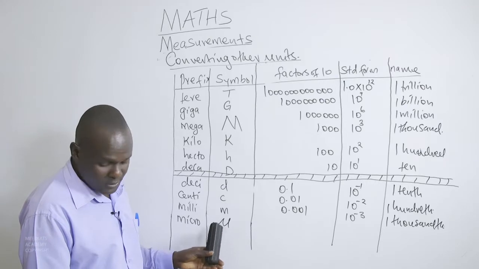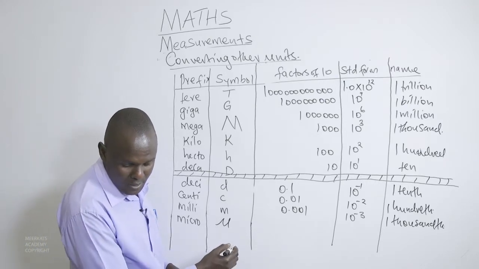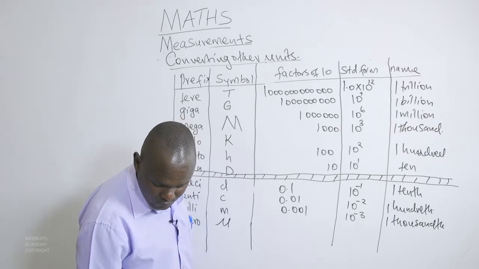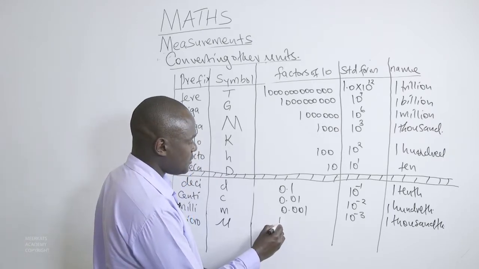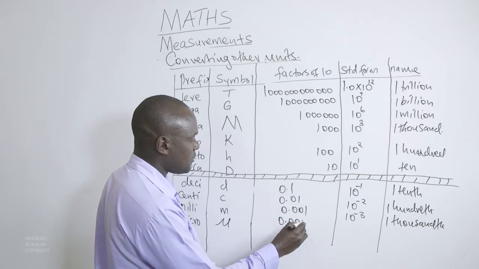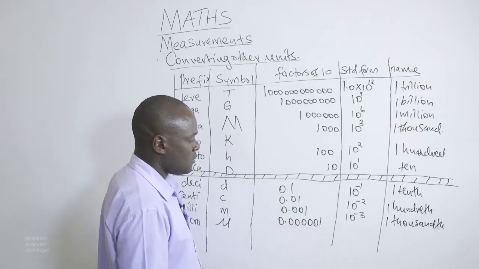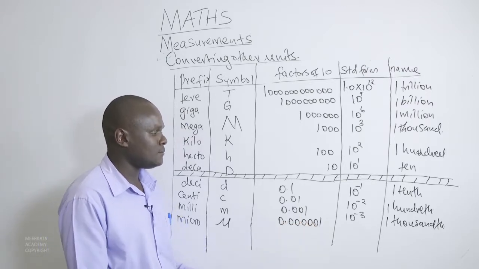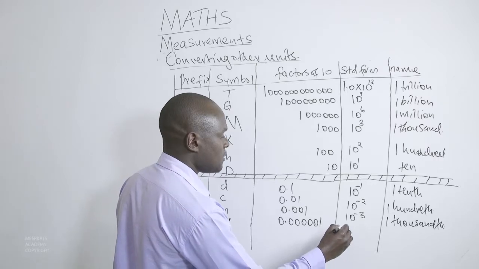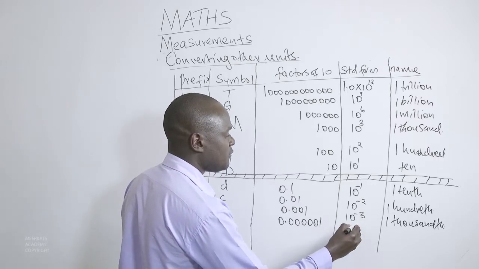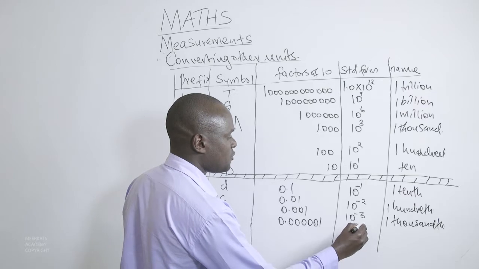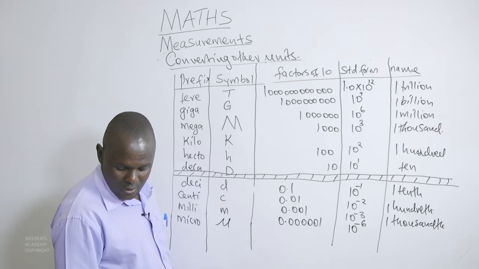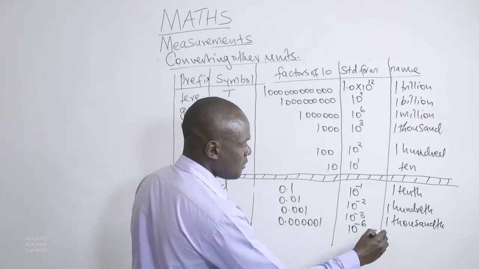This symbol denotes micro, and this is the same as 0.000001, and in standard form it is equivalent to 10 raised to power negative 6, and this is called 1 millionth.